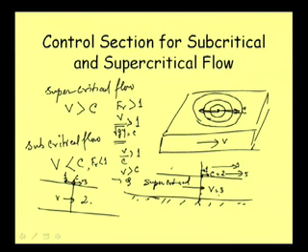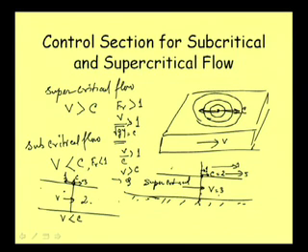So there will always be some amount moving in the upstream direction. Any disturbance you create here will move upstream, and this will influence the flow of the upstream part if it is subcritical flow, as V is less than or equal to C.